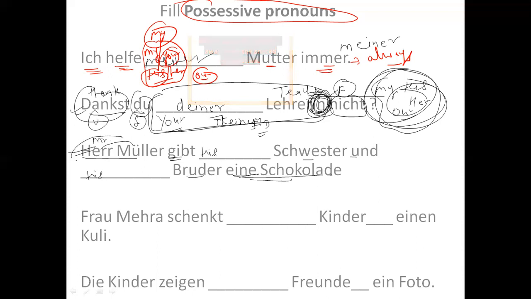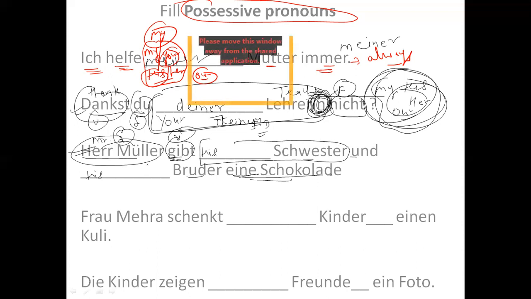So this is subject. Here Müller is subject. Who is giving? Mr. Müller. This is subject. This is verb, and this is an indirect object. This is also an indirect object. But here I'm writing his sister. So feminine. His sister. Feminine. Hence seiner will be the answer. And here I'm writing his brother. His brother.